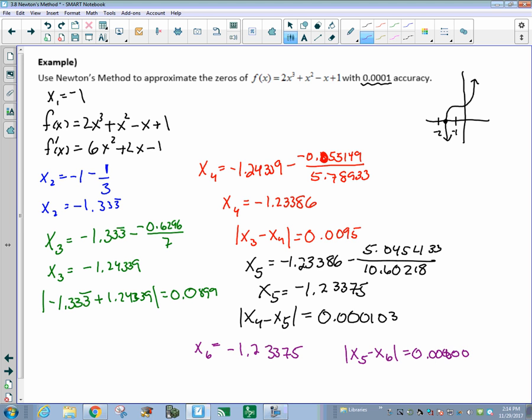It's supposed to be a 0, then 1, 2, 3, 4, 5, 6, 7 zeros. And so this is clearly within the range that we'd want. So we would need to go to x sub 6 to get far enough into our iterations to reach the accuracy they were looking for up here.